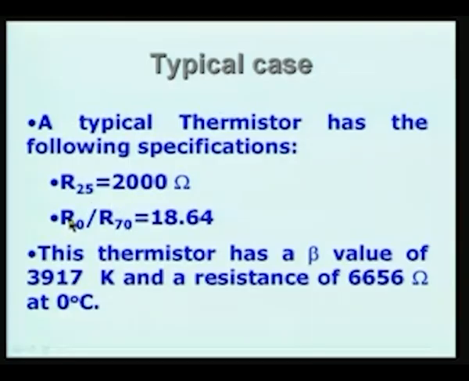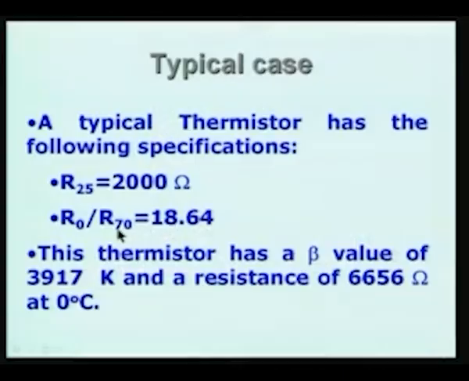Therefore, R naught is the resistance at 0 degrees Celsius, R70 is at 70 degrees Celsius. This ratio is 18.64 for this particular thermistor, and if you work out the value for beta using the relationship, it comes to 3917 Kelvin, and the resistance at 0 degrees Celsius comes to 6656 ohms.